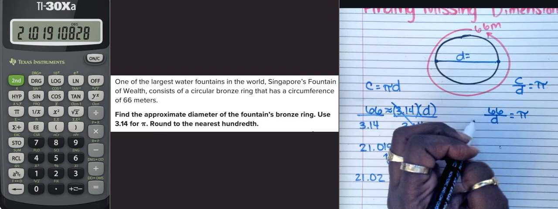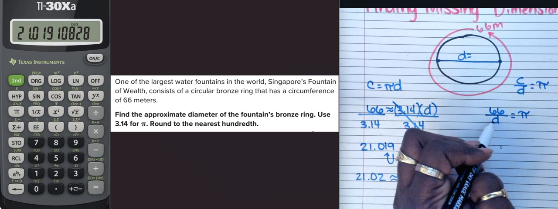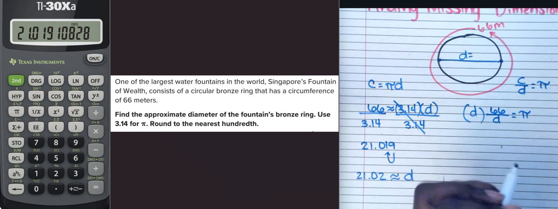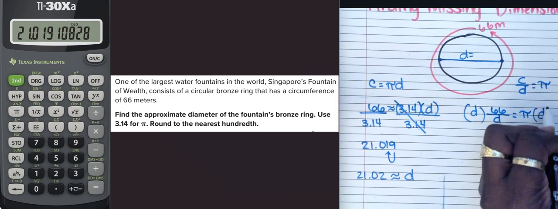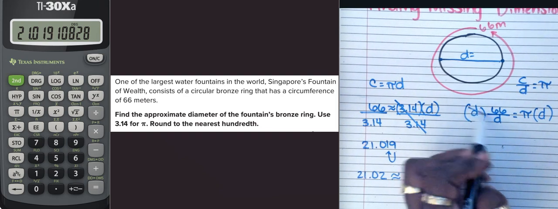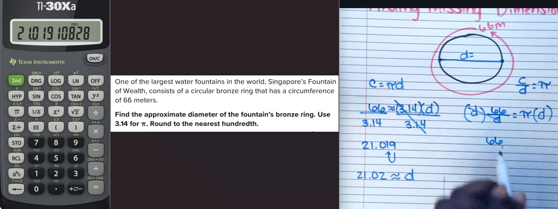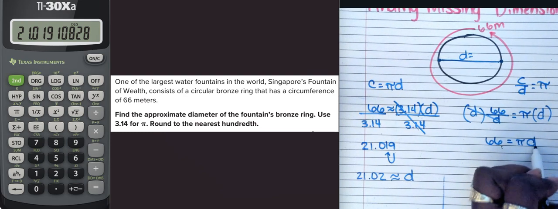D is the divisor. So what happens is we'll need to multiply both sides by D. And by doing that, what we would have is going to be 66. Okay. And that is going to be equal to pi times D.